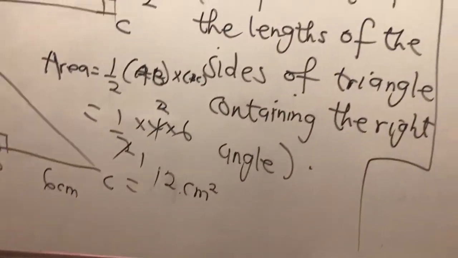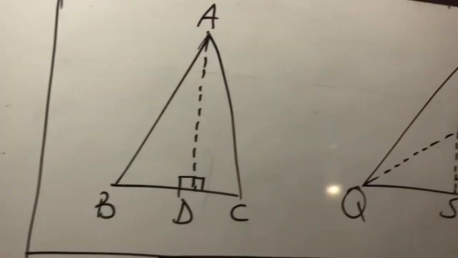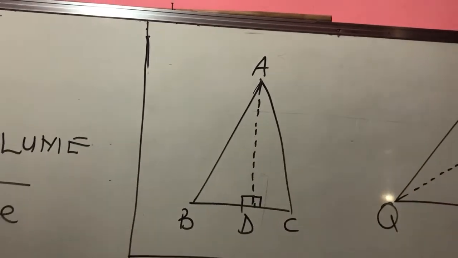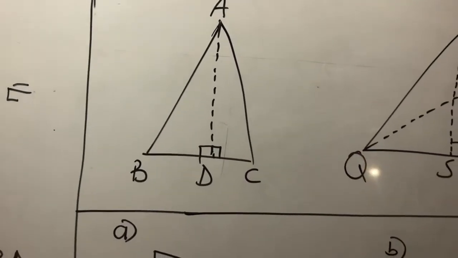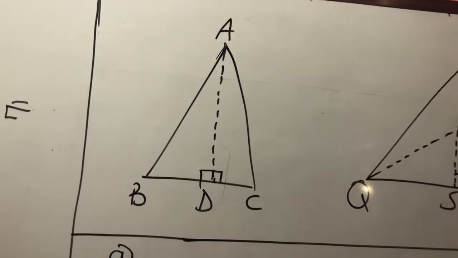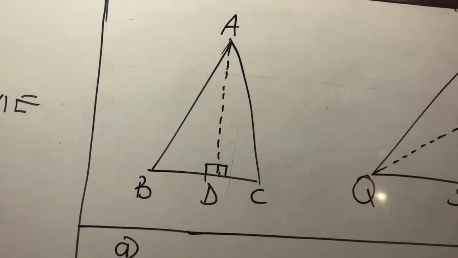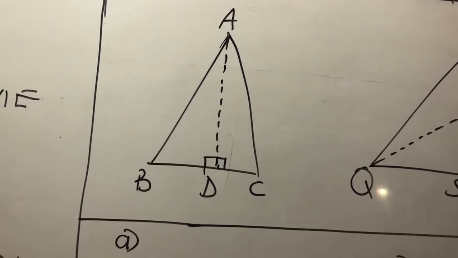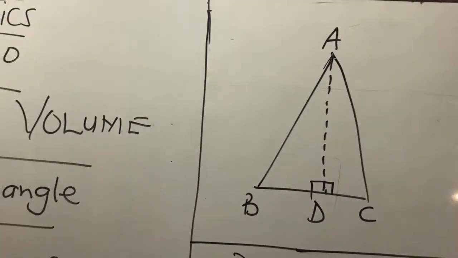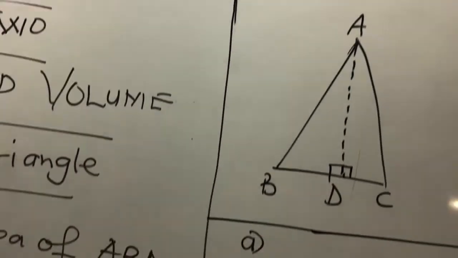Now, we have something here on the board. Let's look at the first triangle. AD is the perpendicular from the vertex A to the side BC of triangle ABC. What are they saying? That this line AD is perpendicular to this line BC.